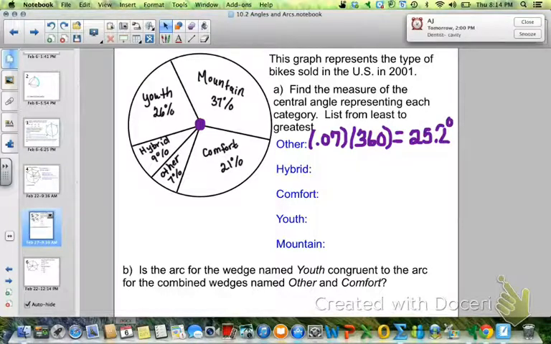For the hybrid, that's our next biggest one, we'll take 0.09 since it's 9%. We want what 9 out of 100 is out of 360. When you multiply that in your calculator, you get 32.4 degrees.